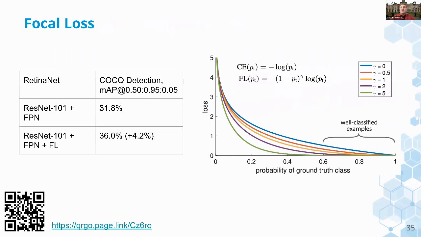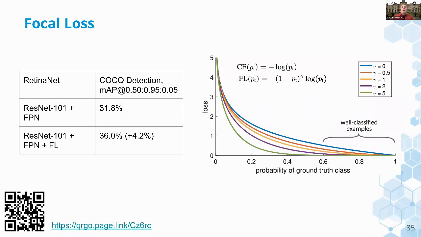Okay. The next idea is called focal loss. It can be incorporated in both one-stage and two-stage detectors, but mostly focal loss is utilized by one-stage detectors to prevent foreground and background class imbalance.